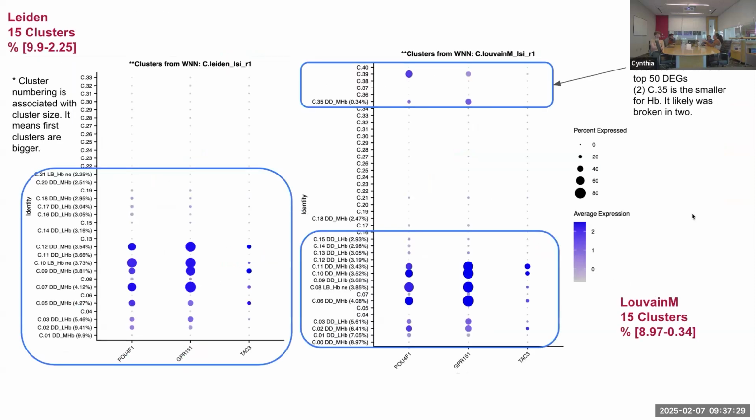So we also use dot plots in order to measure the percentage of these specific canonical genes in the clusters that we have. So we can have some kind of proof that we have a signal of these particular genes in the clusters.